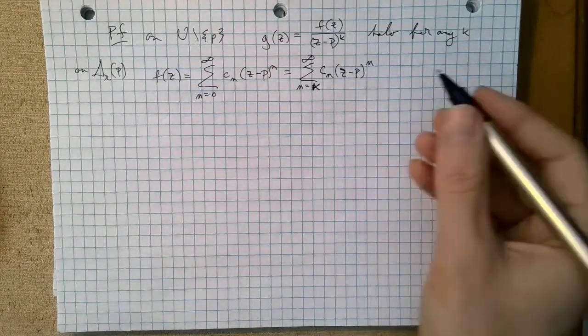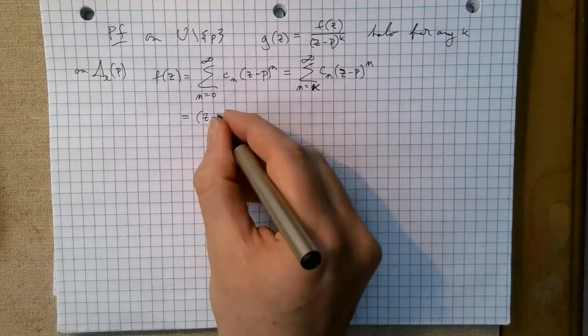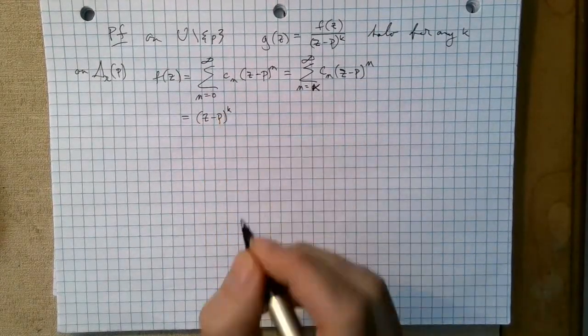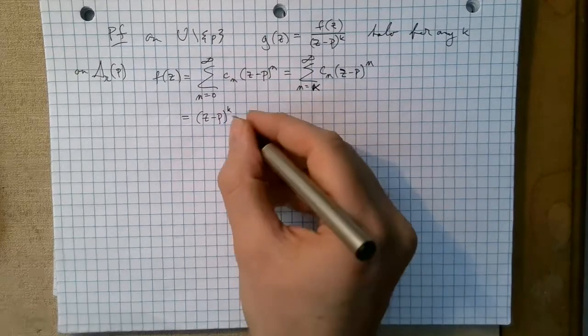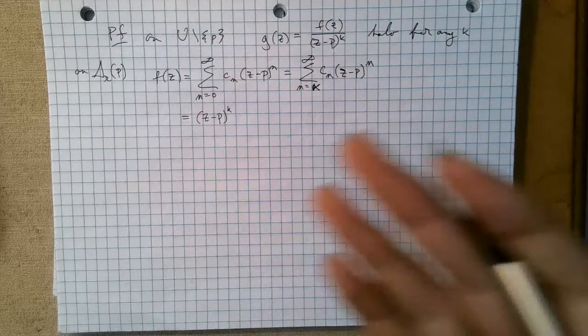And now what we can do is, of course, factor out the (z minus p) to the k, and the limit of the product is the product of the limits, right?